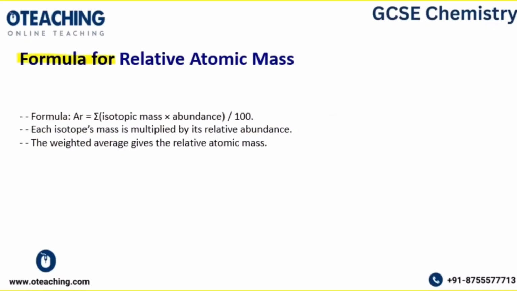Now, what is the formula for calculating relative atomic mass? It is given by Ar equals the summation of isotopic mass times abundance, divided by 100.